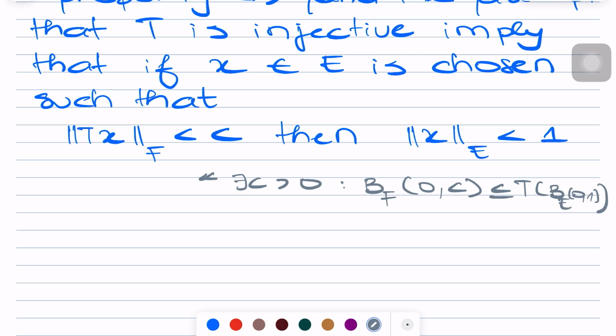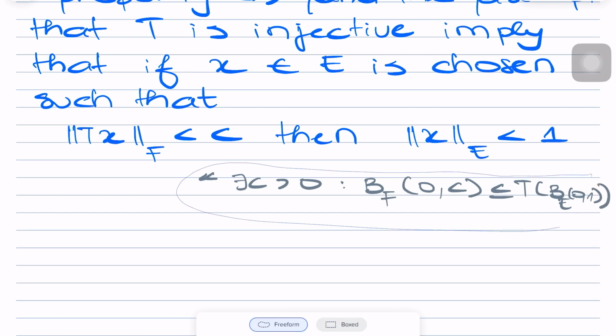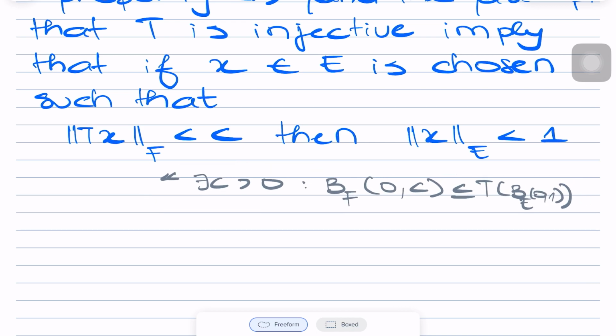So this property together with injectivity just implies what I just claimed here.